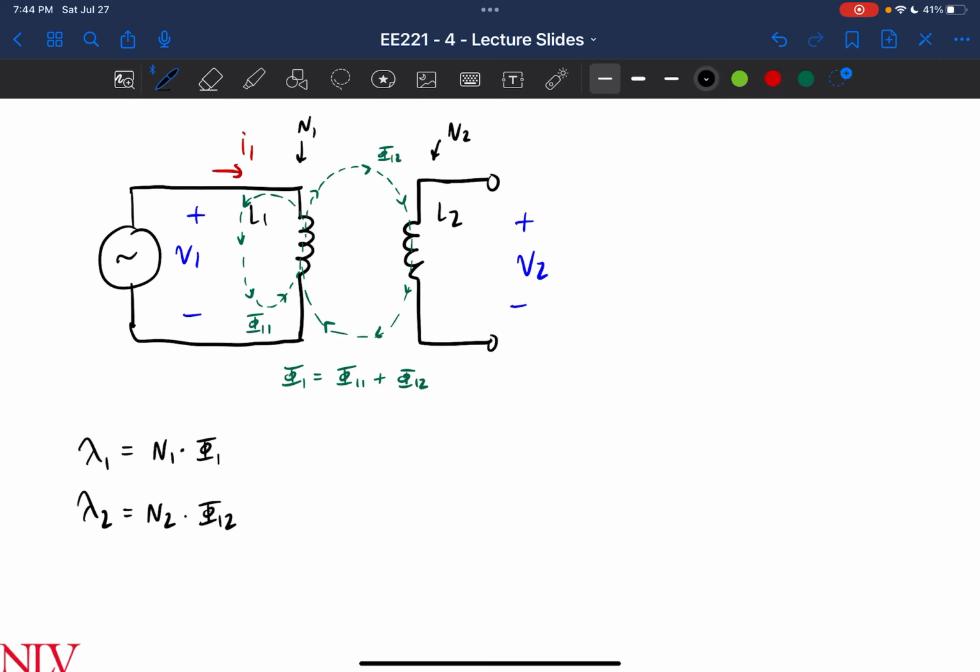I can define the self-inductance L1, the inductance of coil 1, as the flux linkage divided by the current that induced those magnetic flux lines, so lambda 1 divided by I1. Finally, I can define the voltage V1, which is equal to VL1, the voltage across inductor 1, as the rate of change of lambda 1 with respect to time.